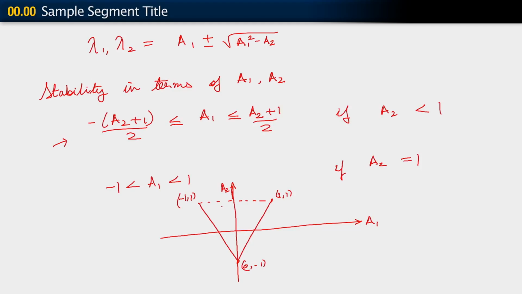So this inverted triangle that I've drawn is the acceptable region for stability if a2 is less than 1. If a2 equals 1, then on that line you've got to leave out those 2 points.